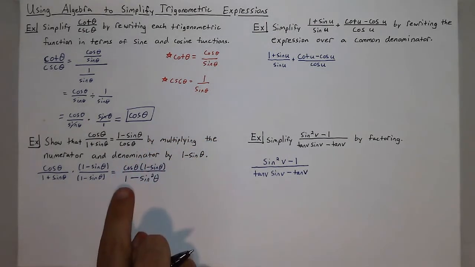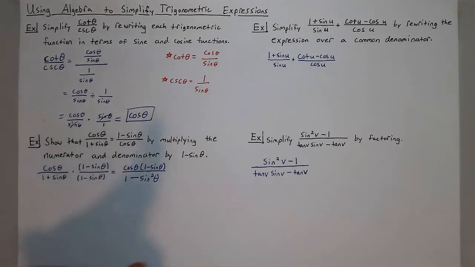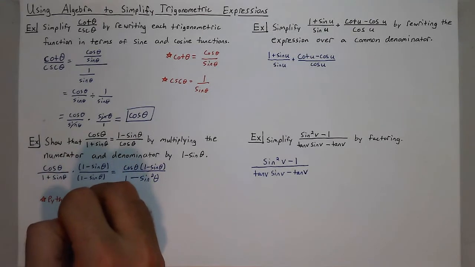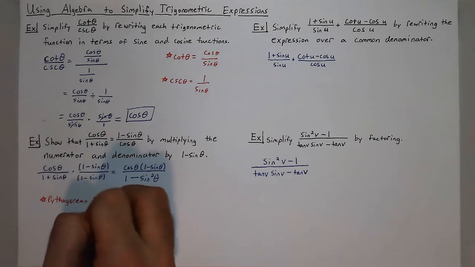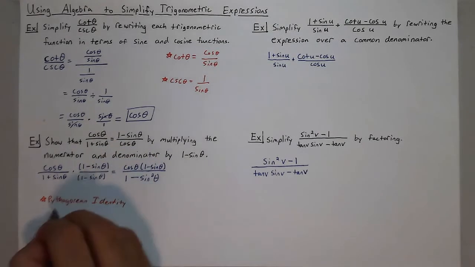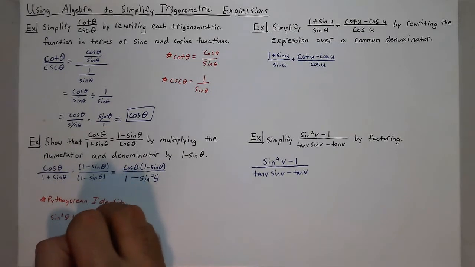Now, this 1 minus sine squared theta, we have a squared trig function, so we should think Pythagorean identity here, which is sine squared theta plus cosine squared theta equals 1.